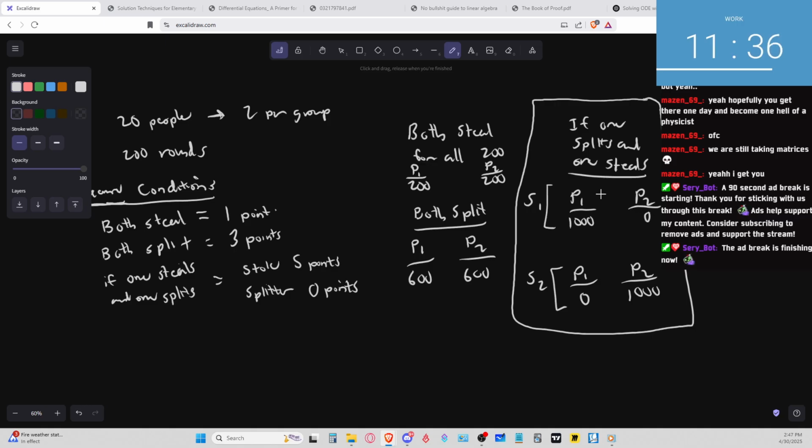But if someone catches your strategy beforehand, you will both end up stealing, or one of you is going to split, and then you will lose a point if you split. Either way, whoever steals first gets ahead. That's based on the logic I put in. I don't know if that answers your question, Masen.